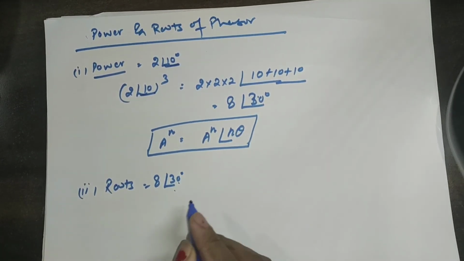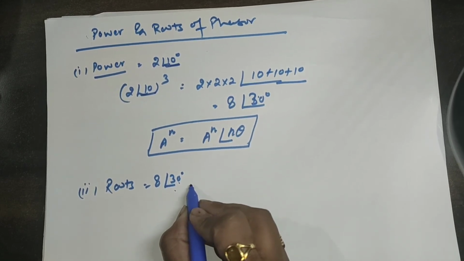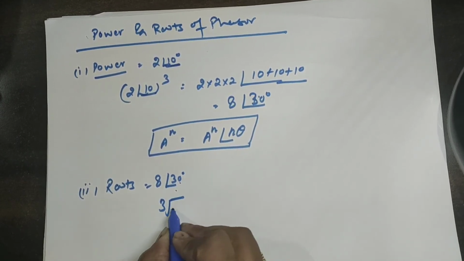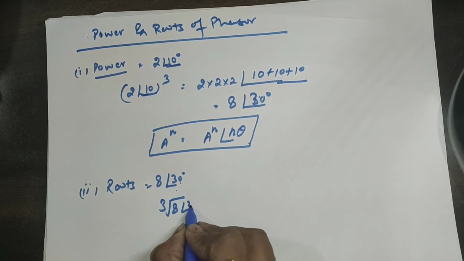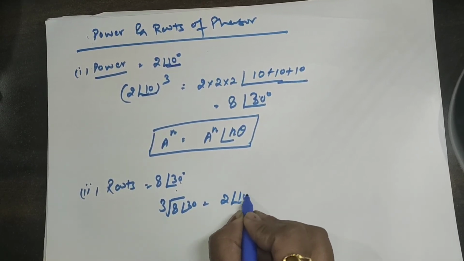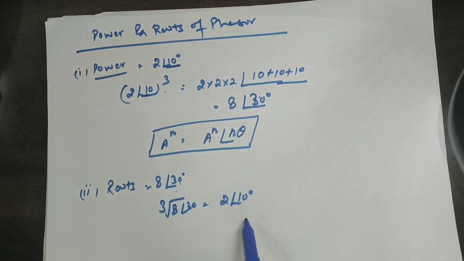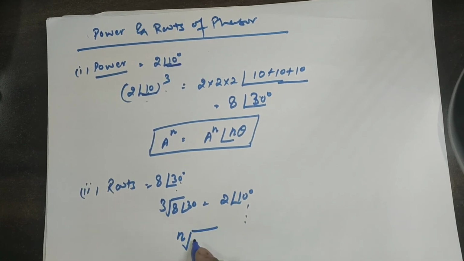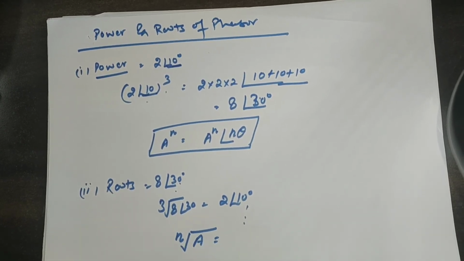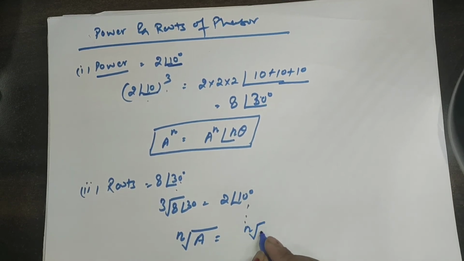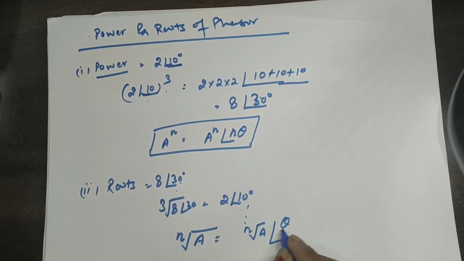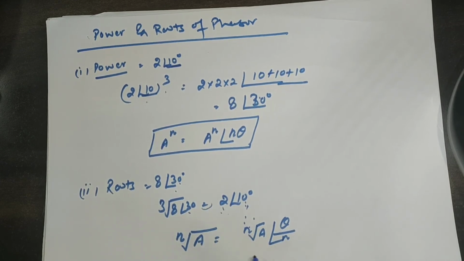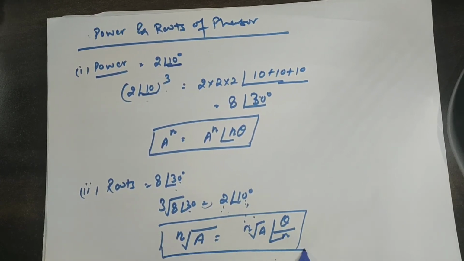We have to take the cube root of 8 angle 30, that will be 2 angle 10, because the cube of this root will be the same. So the nth root of a angle theta is the nth root of a, angle theta by n. Theta by n is 30 upon 3, that is 10, and the cube root of 8 is 2. So you can perform any power and any root from these equations.